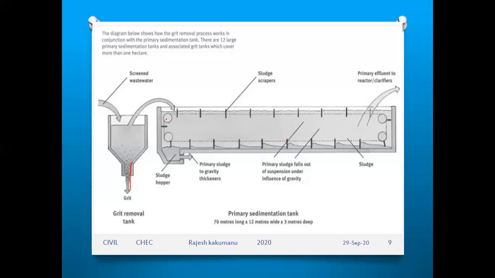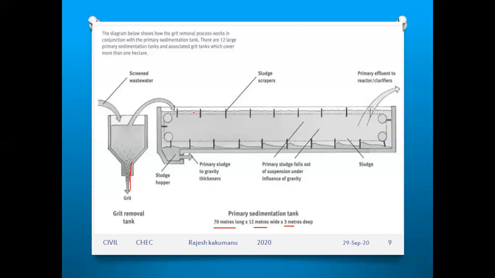Next, you have rollers at the end of this sedimentation tank, where you can see the dimensions. The dimensions of the sedimentation tank are 70 meters long, 12 meters wide and 3 meters deep. These are moved mechanically with the help of a motor placed outside the tank.